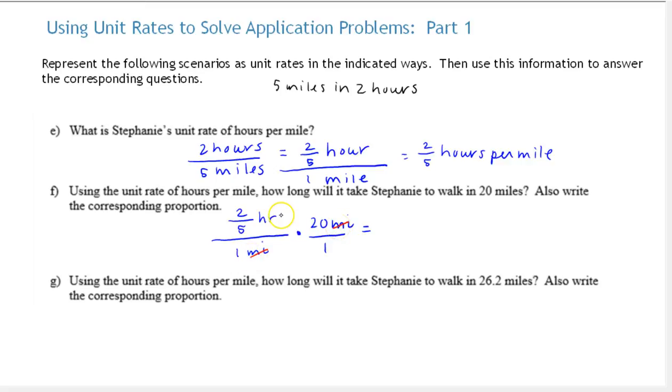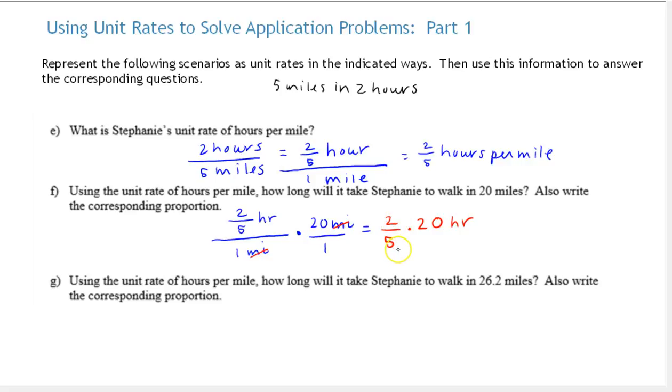And basically now we're just multiplying 2/5 times 20, and our unit left will be hours. Okay. So notice putting this 1 mile in the denominator helps you make sure you set your multiplication up correctly, but don't worry, you're not going to have to compute with it.